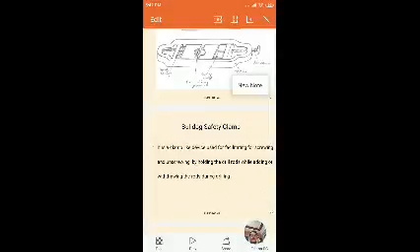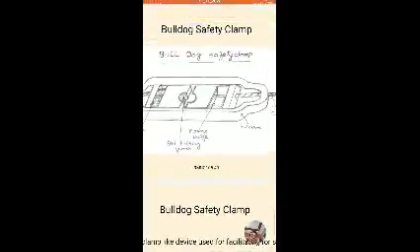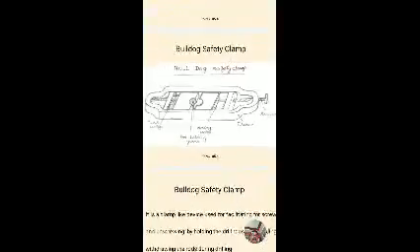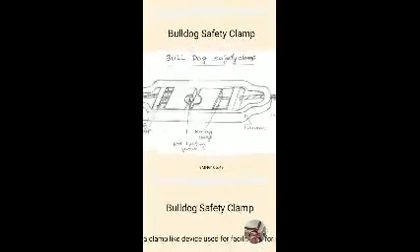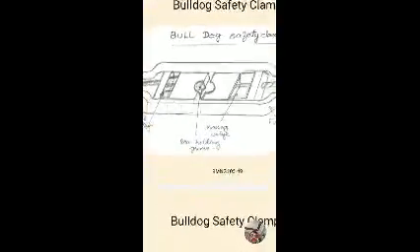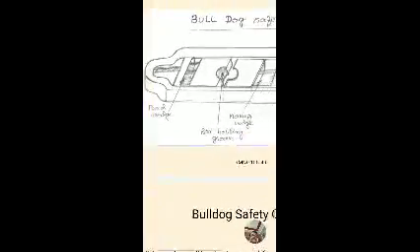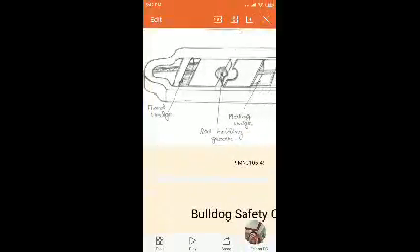So here, this is one bulldog, we call it a bulldog safety clamp. This bulldog safety clamp has 2 wedges. One is the fixed wedge, which will not move.